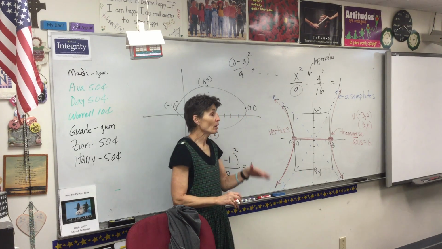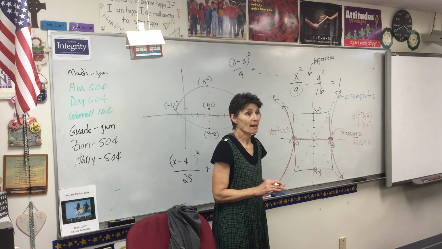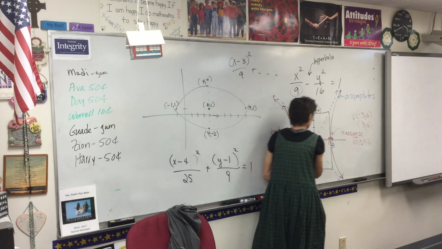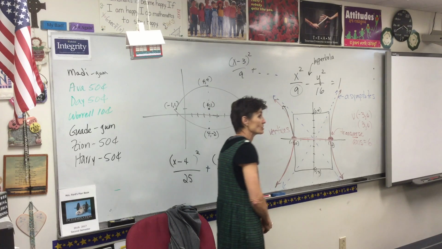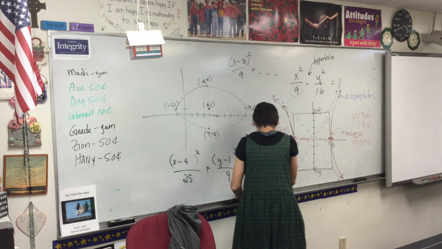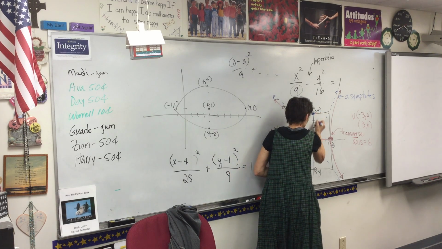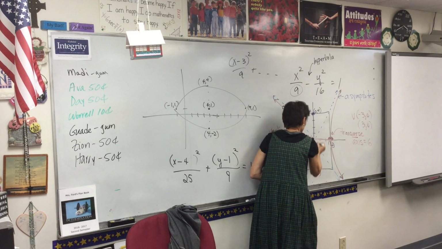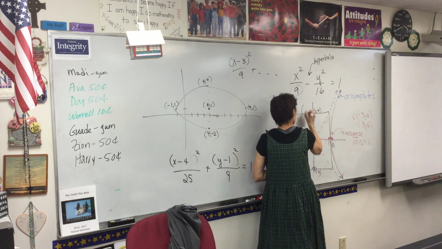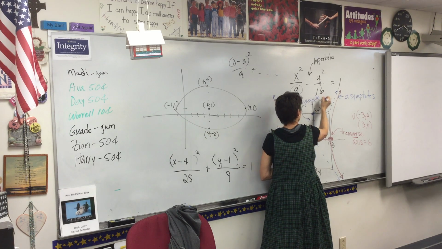In an ellipse, we call it major and minor. In a hyperbola, there's different vocabulary. The one that joins the vertices is called transverse. The other one, this one right here, this axis, is called the conjugate axis.